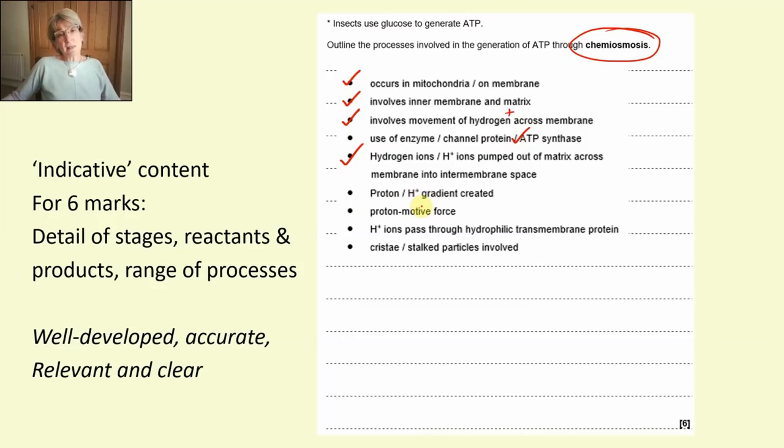Now, I talked about a buildup of hydrogen ions, but as I talked about the fact that they diffused back down through ATP synthase, that absolutely implies a proton gradient created. I didn't discuss proton motive force, and I didn't talk about this. I talked about it going back through ATP synthase. And I didn't say that. So to be honest, I got 5 out of the 6 indicative marks.